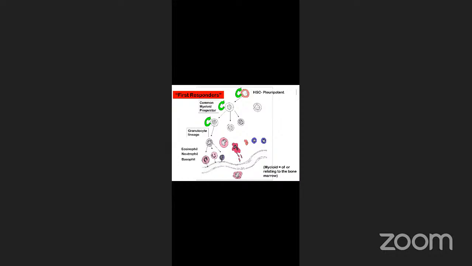After the interleukins contact the receptors on the surface, the B cells proliferate and differentiate into two cells. This is the actual story we have been talking about. After the B cells get activated, they give two cells: one is a plasma cell, and another one is a memory cell.